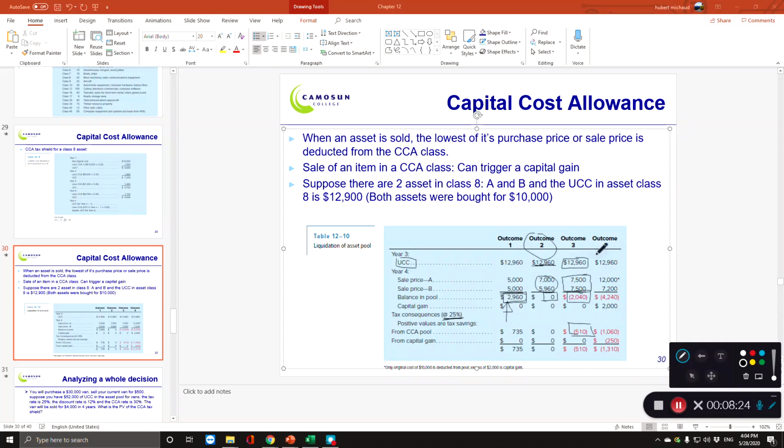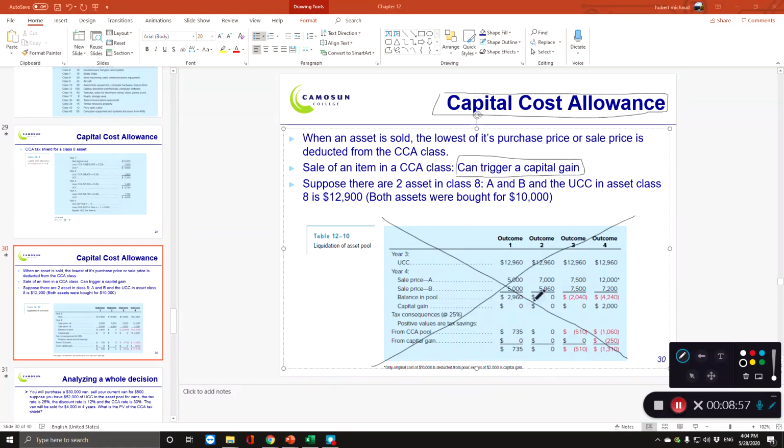Okay, I won't explain all of the details here. It's not actually really important because I'm actually not going to do a lot of this. Okay, the reality here is almost every time when I make you analyze this capital cost allowance, I will almost always assume that the asset class is not empty, that there's other assets in that asset class, and if that's the case, there's never going to be termination or capital gain and so on and so forth.